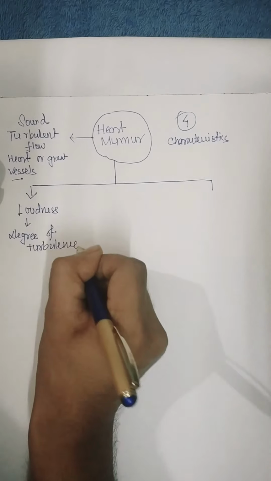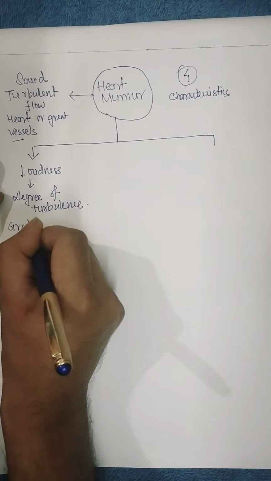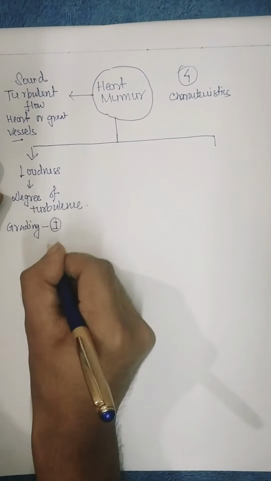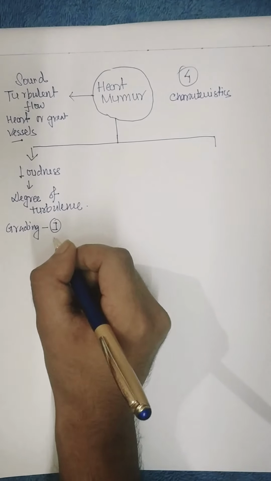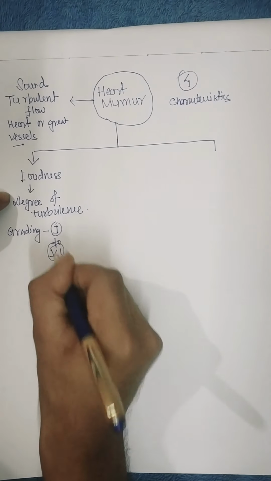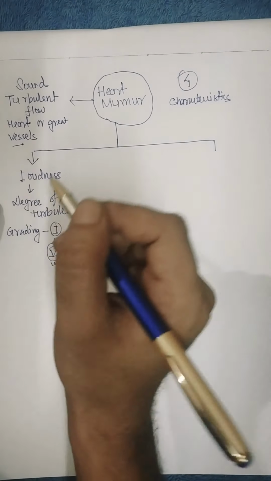And we can also grade them. The grading of the loudness of murmur is divided into 6 grades. Grade 1, which is barely audible, to grade 6, in which you can hear the murmur even without the use of a stethoscope.